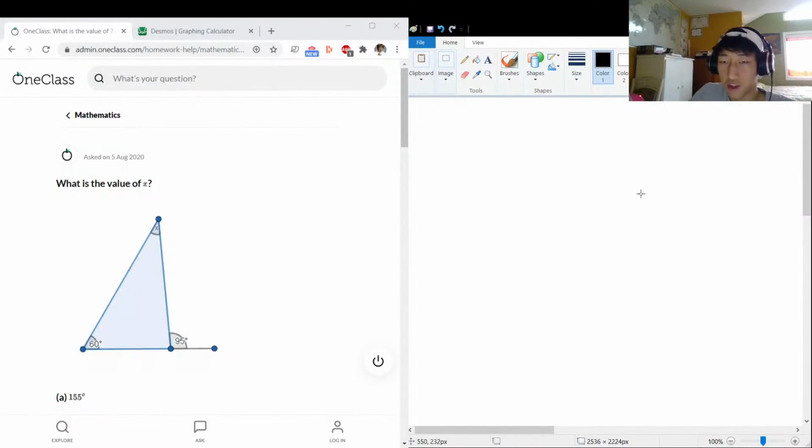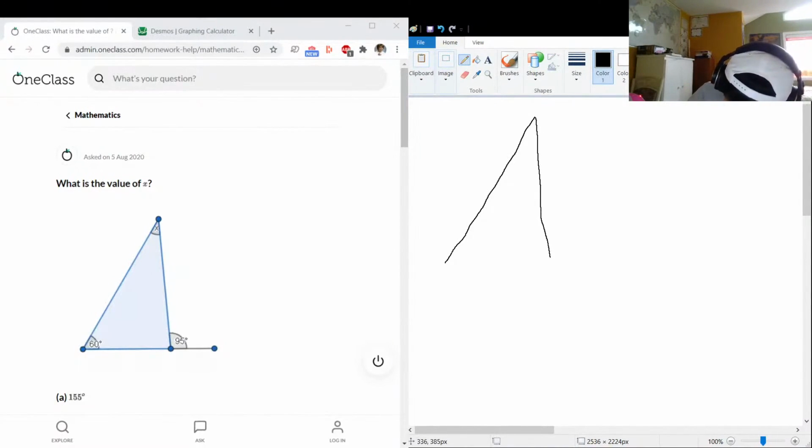I'll just draw that by hand. So that's x. That's what we're trying to find. We know that that is 95 degrees, and we know that this is 60 degrees.